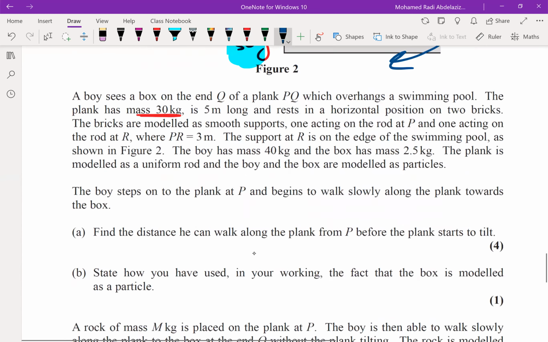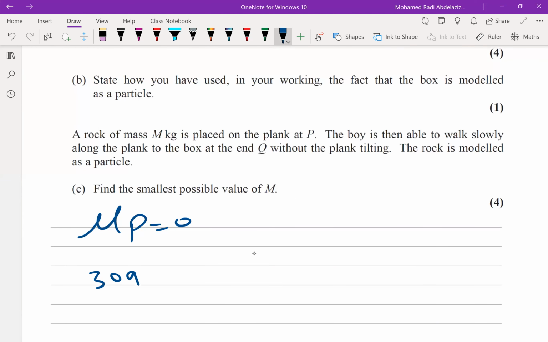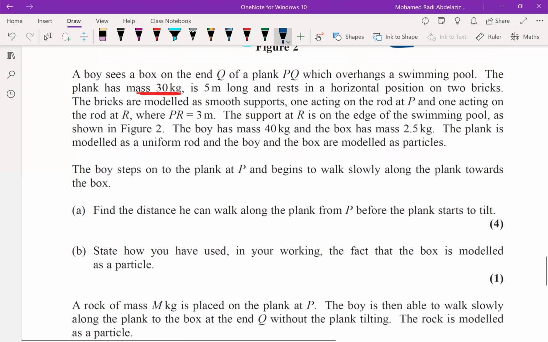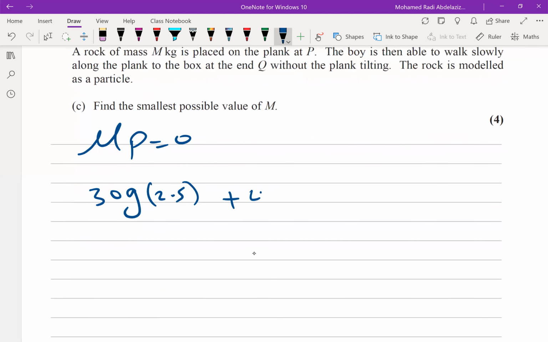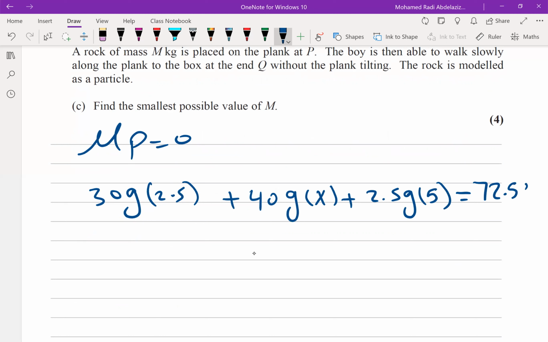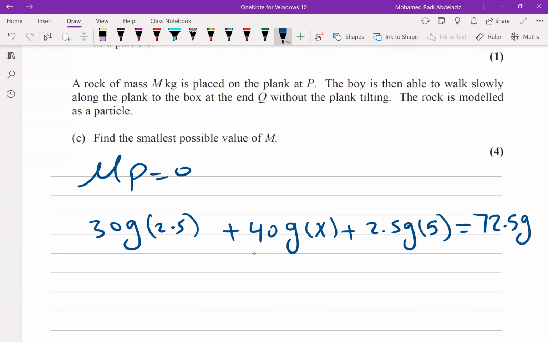We'll start first with clockwise: 30 G times its distance 2.5, and 40 G, and its distance is X, and 2.5 G and the distance is 5, is equal to 72.5 times G times 3. The distance is 3.